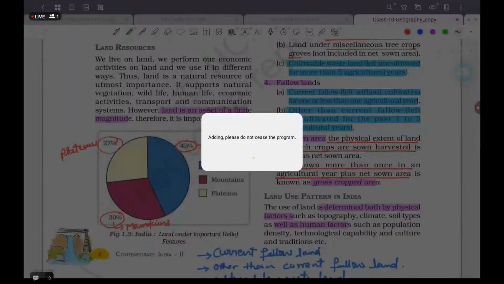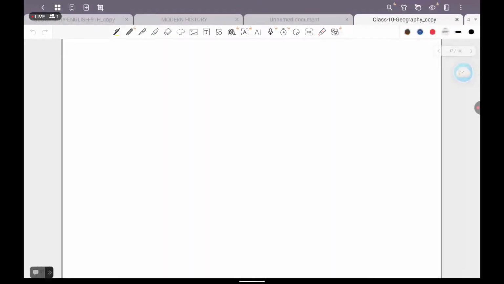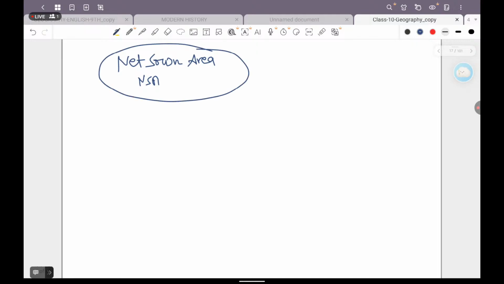One is the net sown area and the second is the gross cropped area. So what is the net sown area? And what is the gross cropped area?